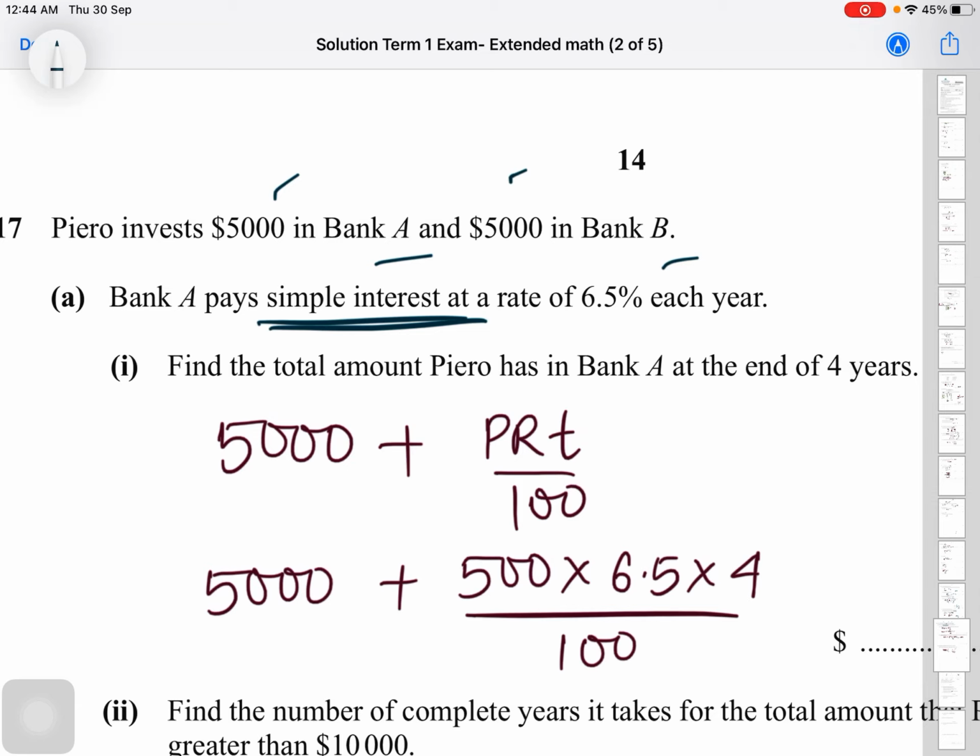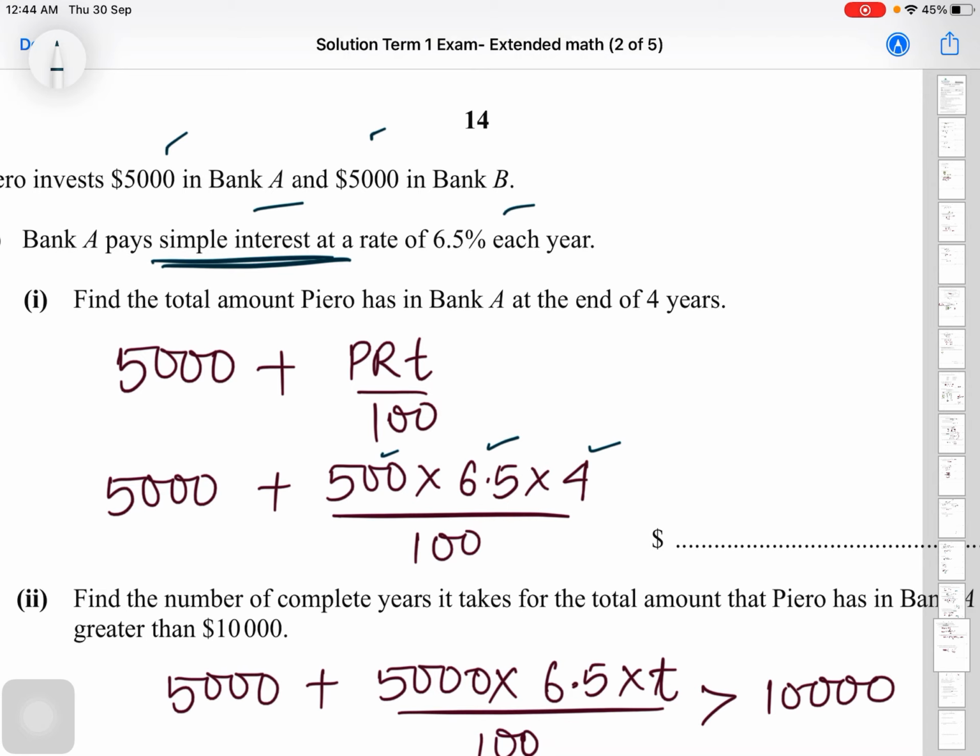So the simple interest is PRT by 100. Put the values, principal, rate of interest and time, 4 years. Multiply this and add, and after adding you will get $6,300. This is the amount that he will get from bank A at the end of 4 years.